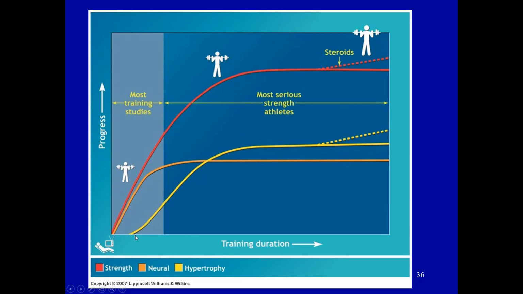As far as what causes the improvements in strength, you can see the role of neural and hypertrophic changes. Initial increases in muscular strength with resistance training are due to neural adaptations. Then it takes a little bit longer for improvements in hypertrophy to occur. As a time course, neural changes happen first, followed by increases in muscle size or hypertrophy.